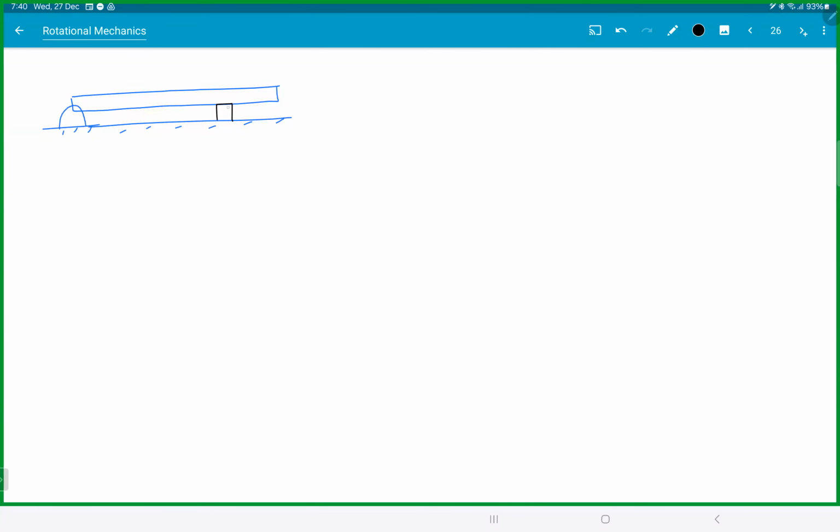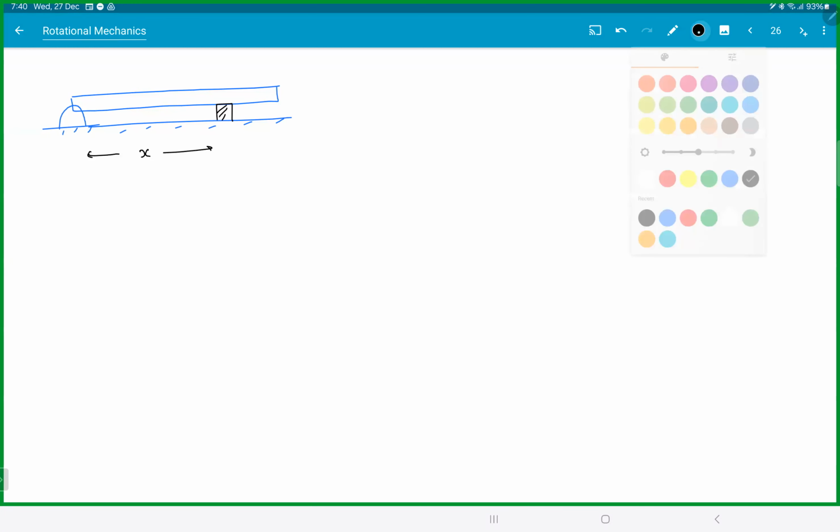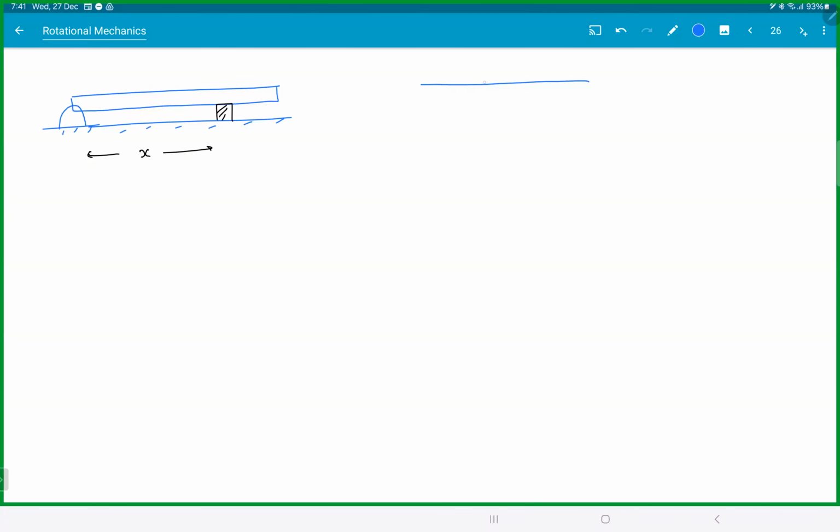Let the block be somewhere here at a distance x. Ny, Nx, your own weight mg, normal reaction and friction. There's a friction between the block and this thing.